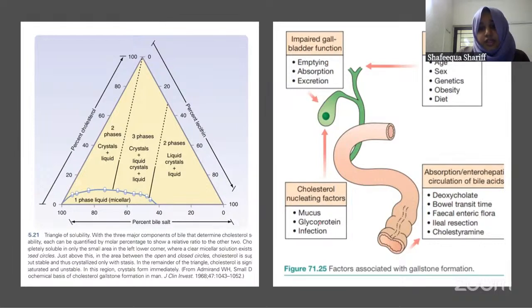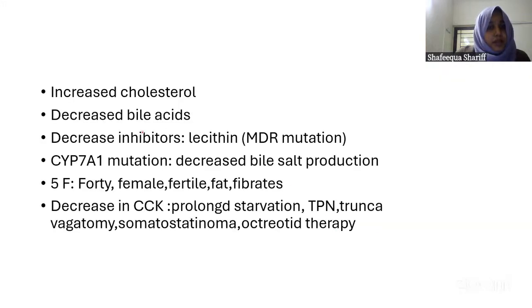So cholesterol nucleating factors, as already mentioned, are mucus, glycoprotein, and infection. The main thing is an increase in cholesterol, and a decrease in bile acids and in inhibitors like lecithin. There are two mutations related to gallstone disease: the MDR mutation and the CYP7A1 mutation. These decrease bile salt production. The fifth one is fibrate therapy, clofibrate therapy, and also a decrease in cholecystokinin.